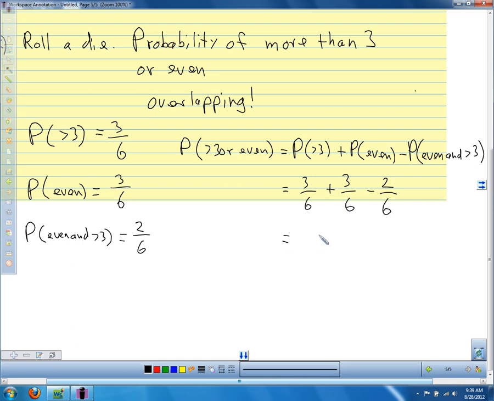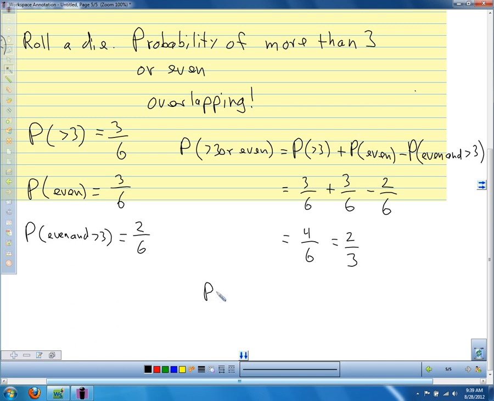And that equals, to add fractions, I have to have a common denominator. That's why I didn't reduce any of these. Add or subtract the numerators. So 3 plus 3 is 6. Minus 2 is 4. 4 over 6. And I'm going to reduce that, divide everything by 2. 2/3.